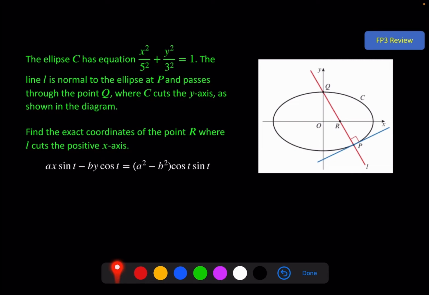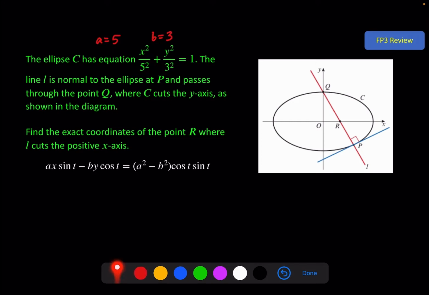Here we go. The ellipse C has an equation x squared over 5 squared, so straight away that tells us the value of A, plus y squared over 3 squared tells us the value of B, is equal to 1.